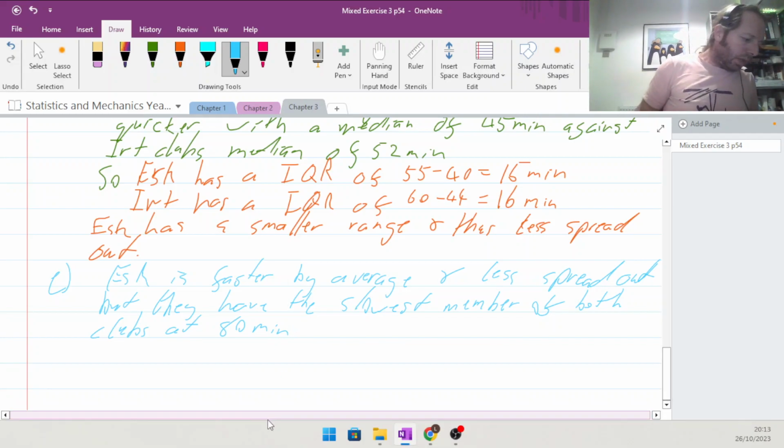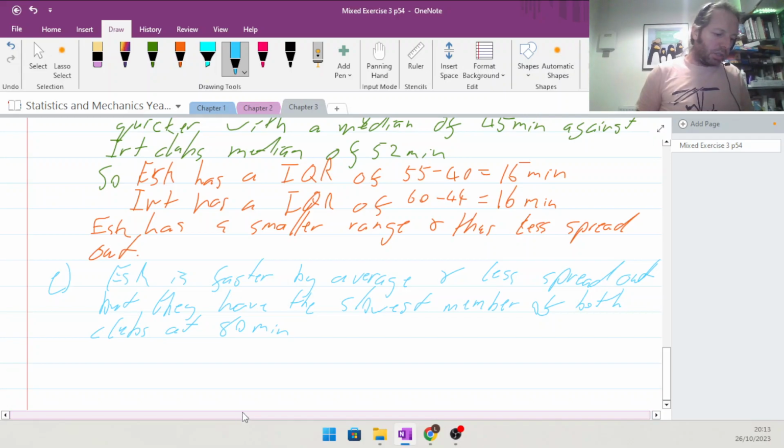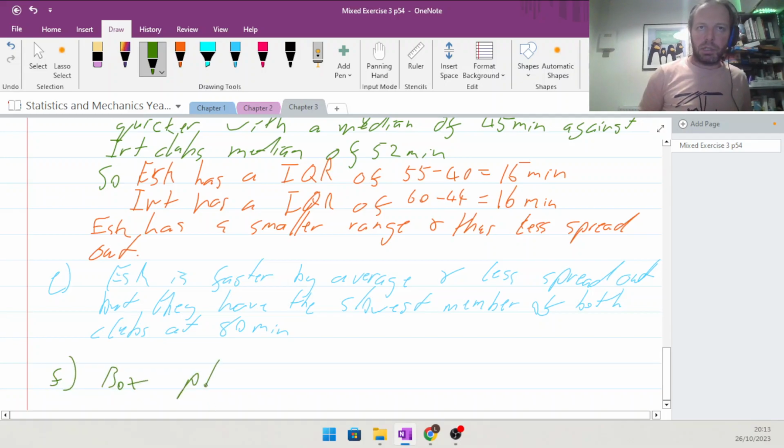F, give one advantage and one disadvantage of comparing distributions using box plots.